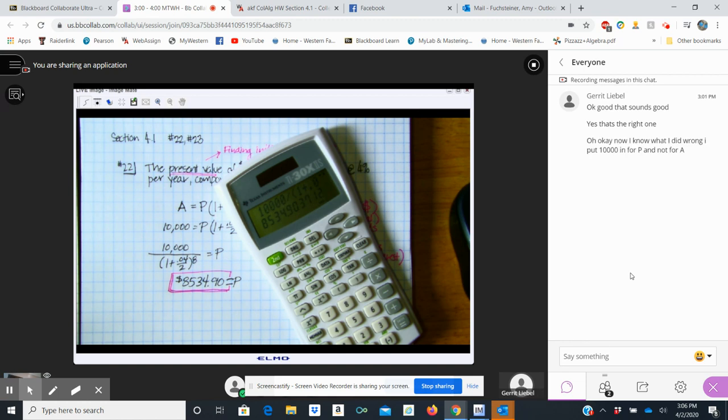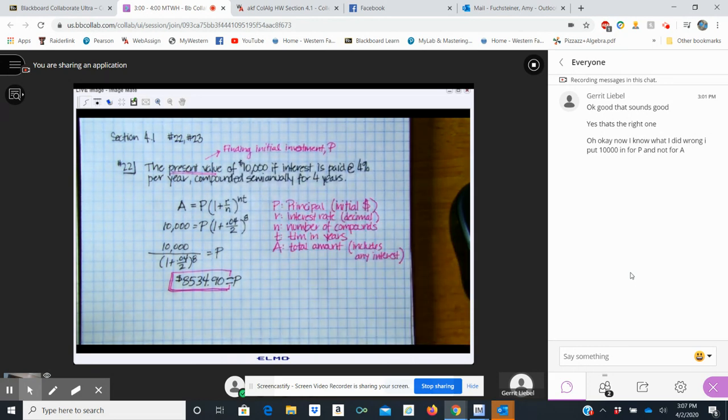If you put the $10,000 in for P, you're going to get a different answer. But $10,000 is our end amount, and we're finding the present value or the initial investment. So we were finding P on this one. 23 should be the same then.